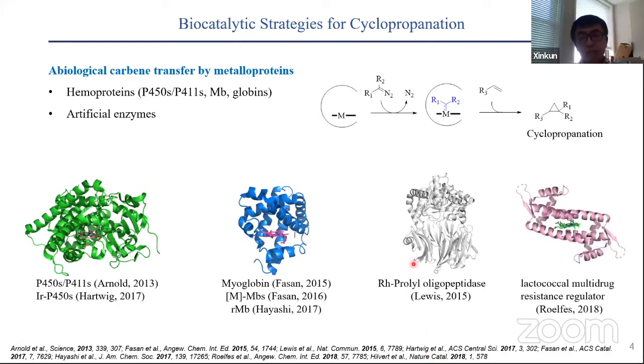Another important strategy in the development is the development of artificial metalloproteins, including the iridium-based P450s by Hartwig, the replacement of metals and synthetic cofactors of myoglobin by our group and Hayashi group, and some structurally distinct protein scaffold developed by Lewis group and Roelfes' group. However, both of the hemoproteins and artificial metalloproteins were limited to only intermolecular reactions.